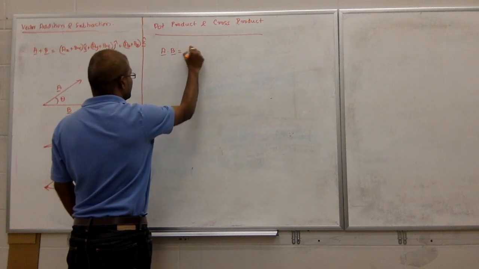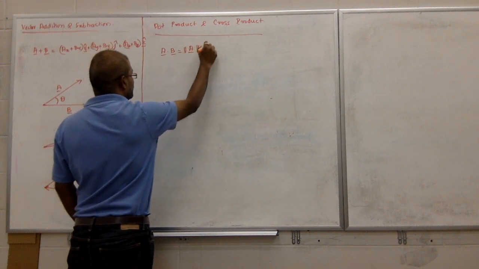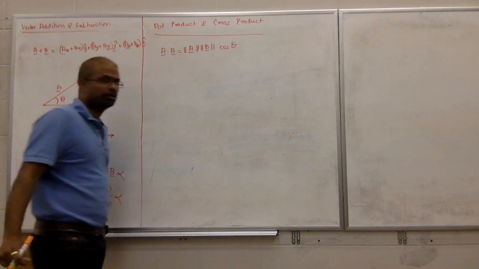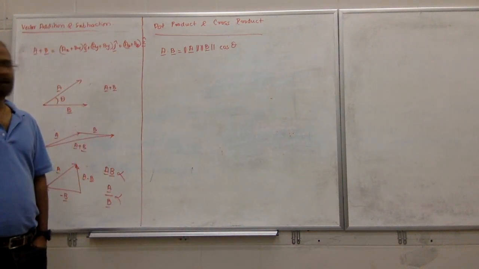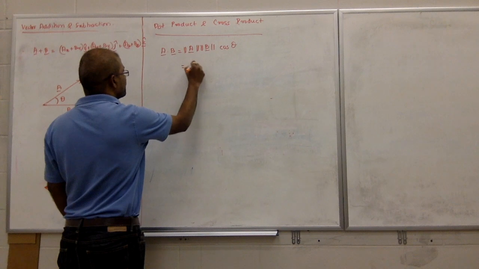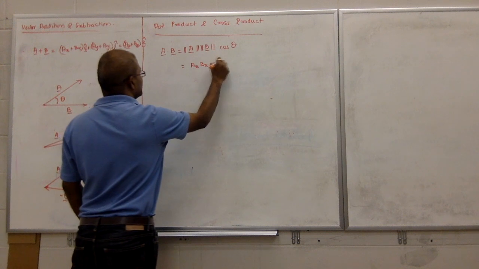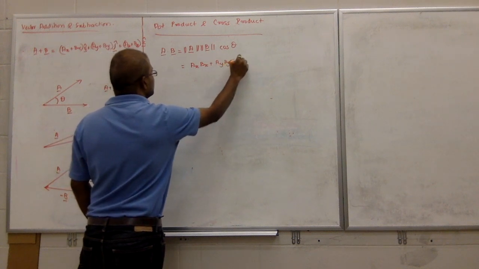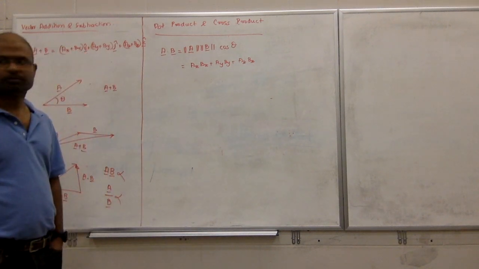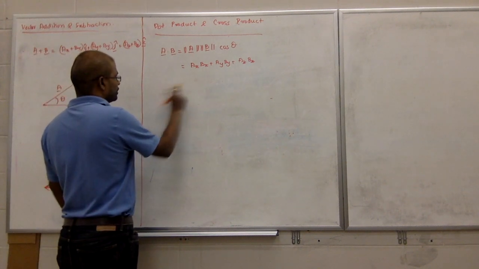It is essentially the magnitude of A, magnitude of B, times cosine of theta. Or the other way of computing it is ax dx plus ay dy plus az dz. Got it? Any questions here?